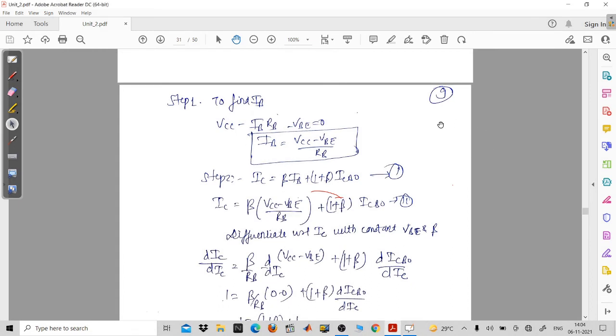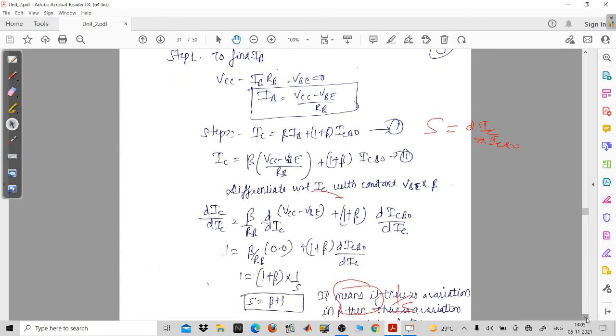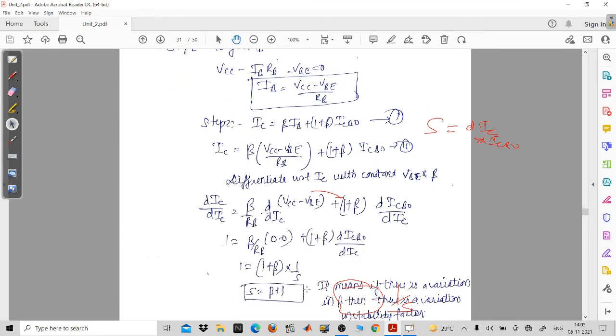Our aim is to find S equals DIC upon DICBO, but in this equation you are getting the term as DICBO upon DIC. So that will be 1 upon S. So you can simply replace this value by 1 upon S. So in that case, your equation will be 1 equals 1 plus beta into 1 upon S. So S will be beta plus 1.